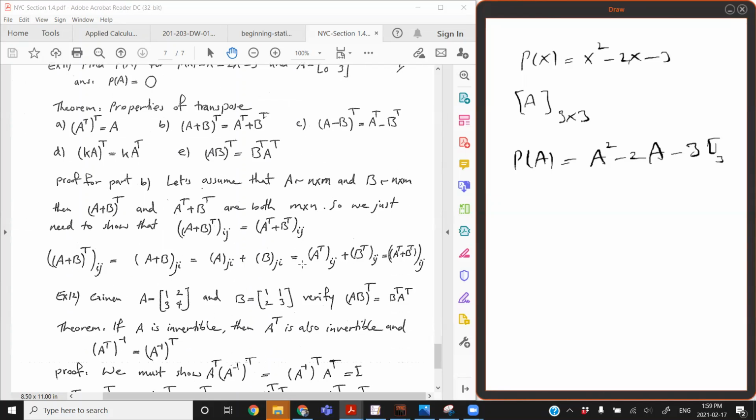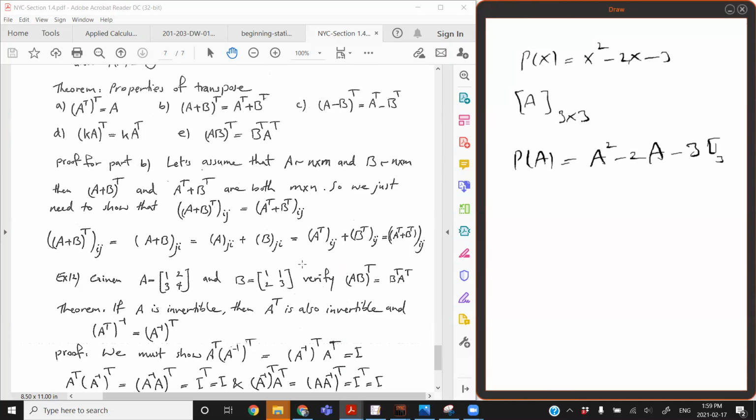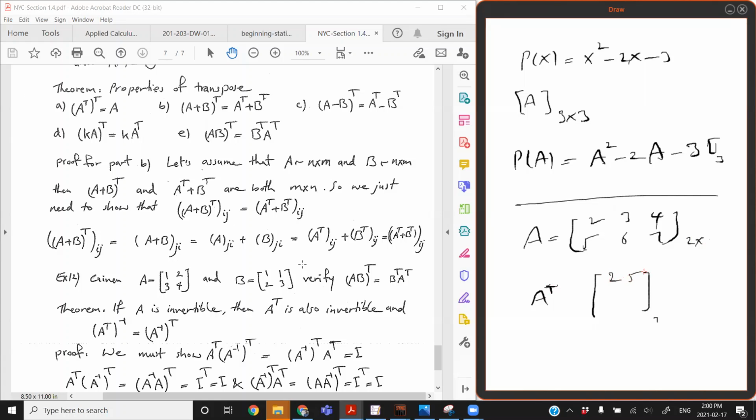And the last thing that I want to cover today is the transpose and the properties of the transpose. So you know what the transpose of a matrix is? We talked about that before. We said that if you have a matrix A, let's say 2, 3, 4, 5, 6, 7, then A transpose, if this is 2 by 3, A transpose is going to be 3 by 2, where the first column of A is going to be the first row of A transpose.